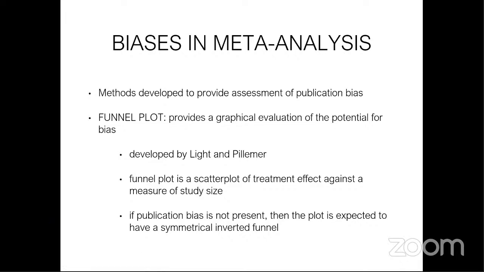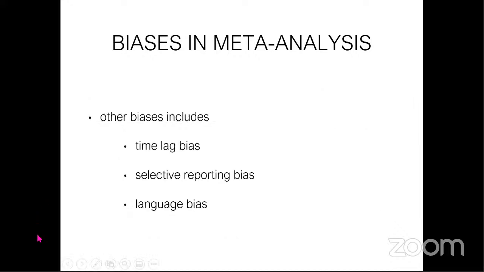So how do we avoid publication bias? There's a funnel plot. This provides a graphical evaluation of the potential for bias. It's a scatter plot of treatment effect against a measure of study size. If publication bias is not present, then the plot is expected to have a symmetrical inverted funnel.